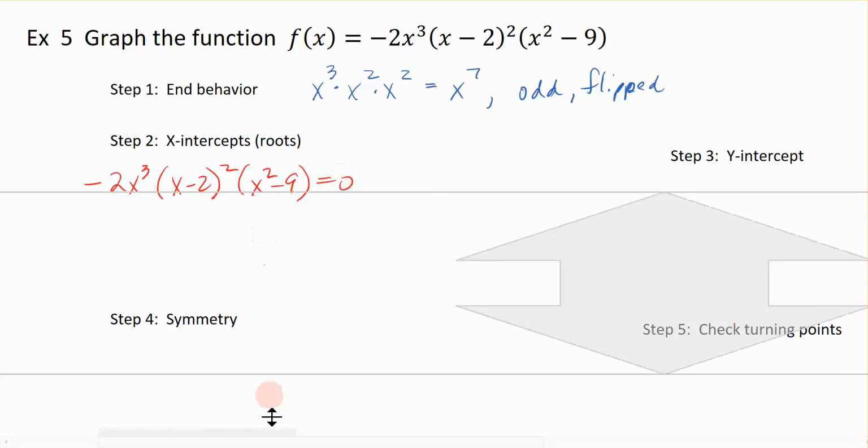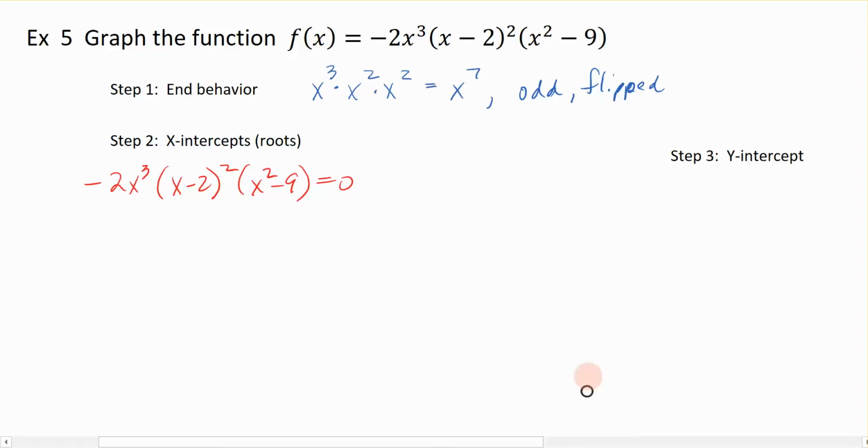Because it's already in factored form, all we have to do is set each of these three factors equal to 0 and solve them: negative 2x cubed equals 0, (x minus 2) squared equals 0, and x squared minus 9 equals 0.